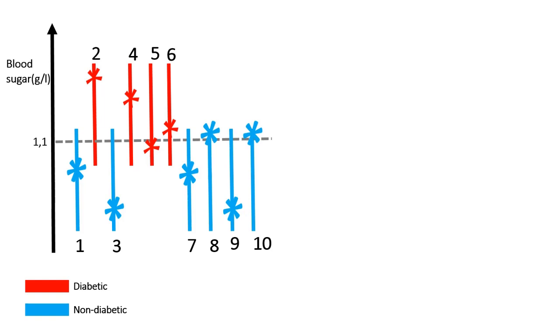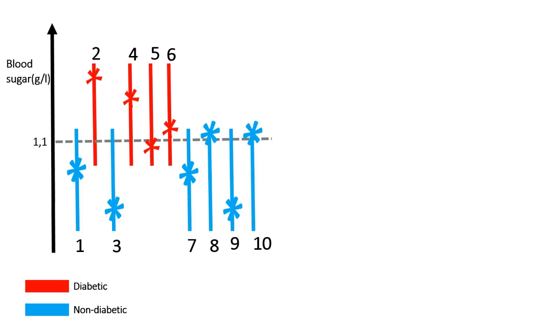If we base our sample selection on this threshold, remember we said all subjects with blood glucose levels greater than 1.1 will be selected to partake in the study, because we assume that they are suffering from hyperglycemia, and they would take the drug to see whether their blood glucose levels would go down.